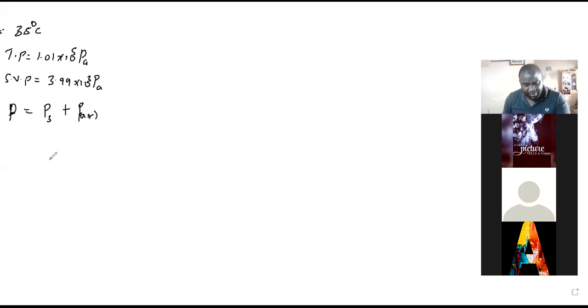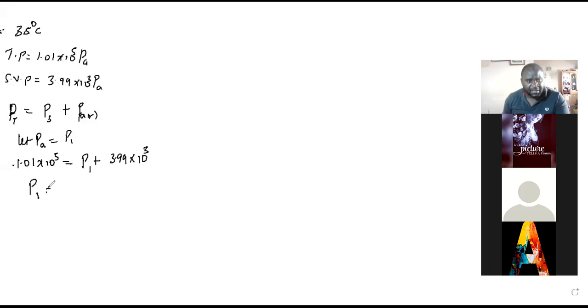Now, I can get the pressure of the air, and let's call it P1. The total pressure PT, 1.01 times 10 to the power 5, is equal to P1 plus the saturated vapor pressure, 3.99 times 10 to the power 3 pascals.